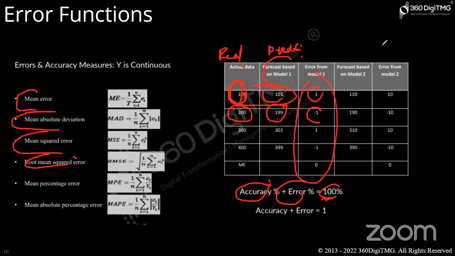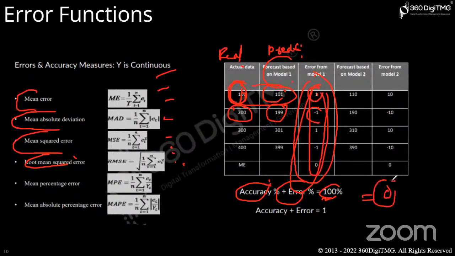In that case, we'll have many entries, not just one. So we have to calculate the sum of all the errors, but when you sum them, it can become 0, so you won't be able to calculate the accuracy. In that case, you have to go for mean square error, or root mean square error.